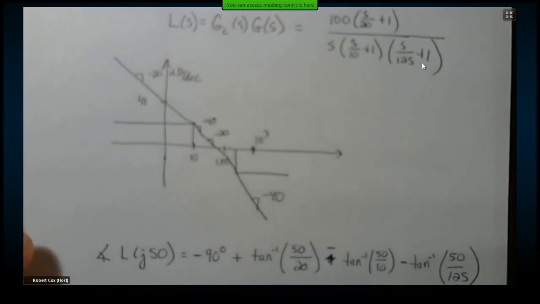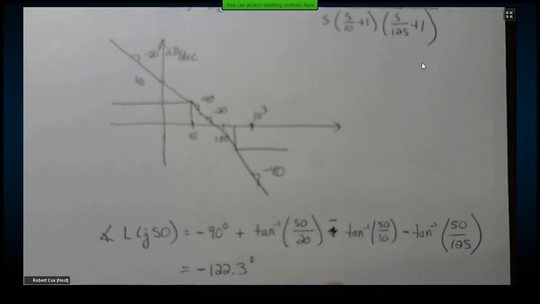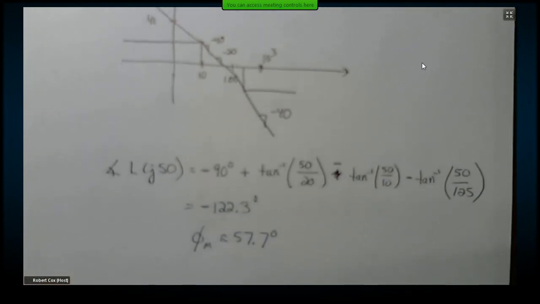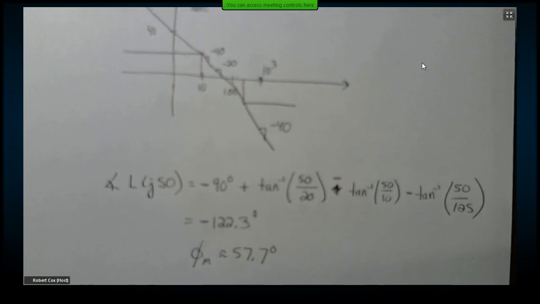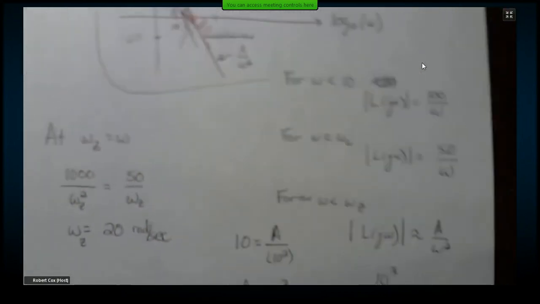If I go through and do that whole calculation, what do I end up with? I get that this is minus 122.3. All right, so this phase margin is about 57.7 degrees, which is greater than the 55 I specified. All right, so the key thing was really understanding this process of using asymptotes, okay?